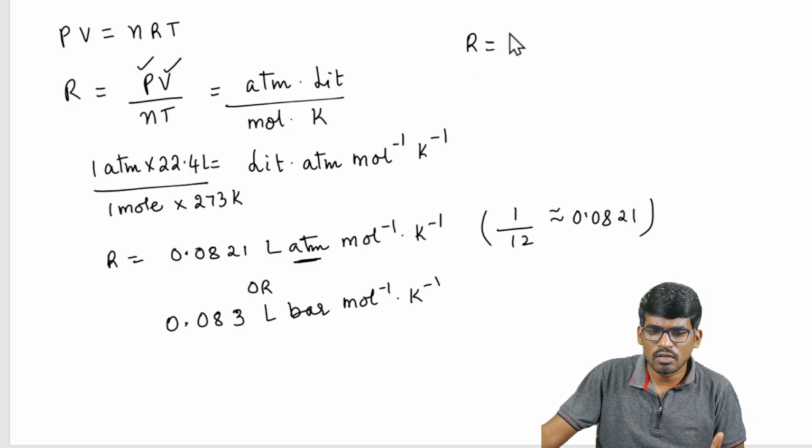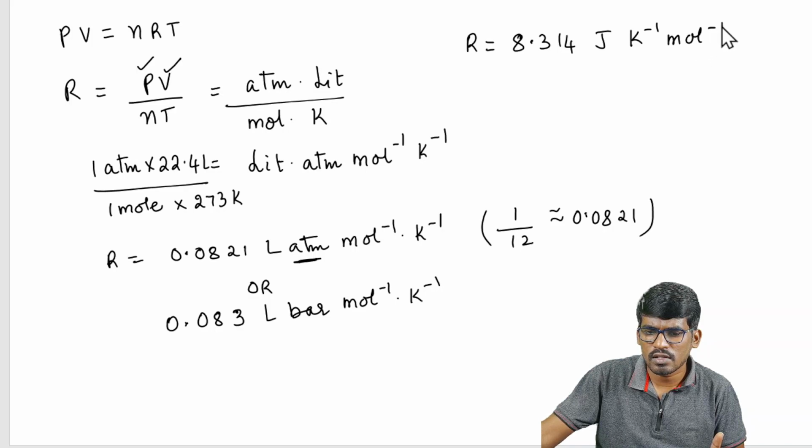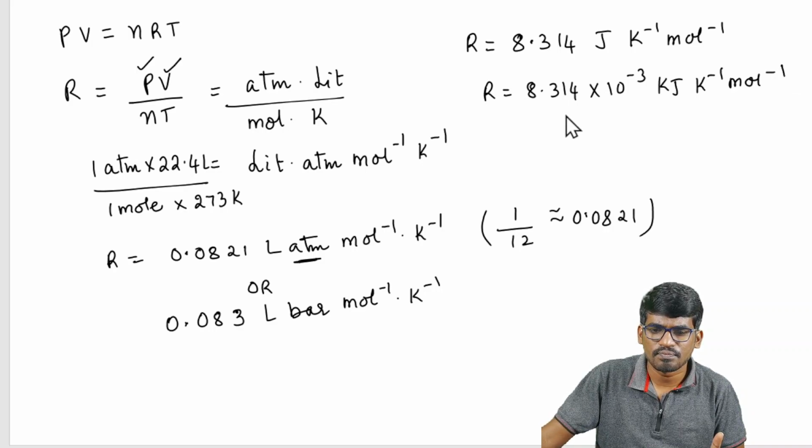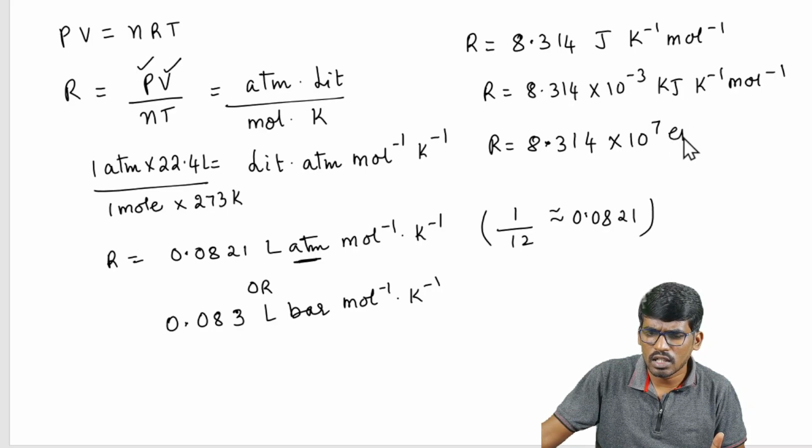So R is equal to another value, that is 8.314 joule Kelvin inverse mole inverse, or else R is equal to 8.314 into 10 raised to minus 3 kilojoule Kelvin inverse mole inverse. Or I can take R as 8.314 into 10 raised to 7 erg Kelvin inverse mole inverse, because 1 joule is equal to 10 raised to 7 erg.